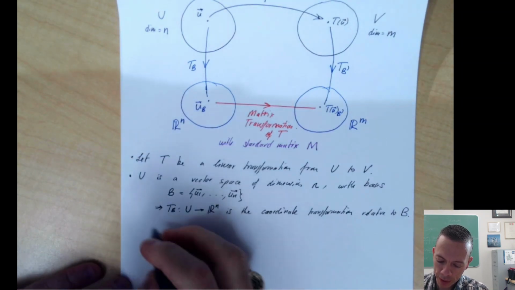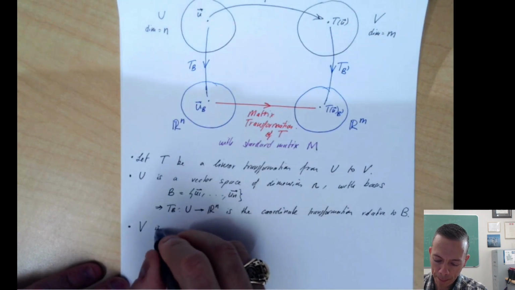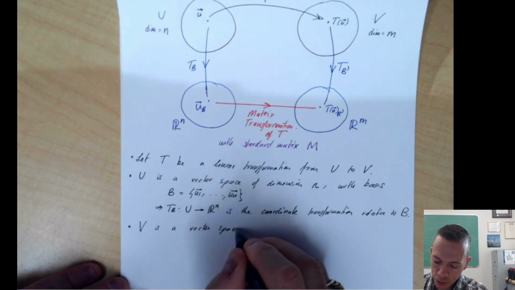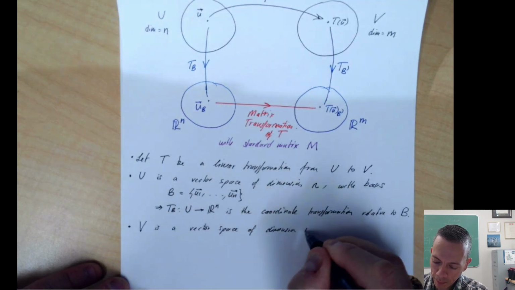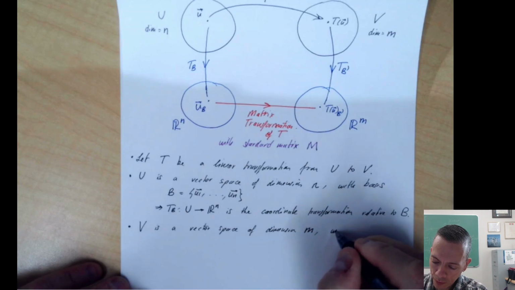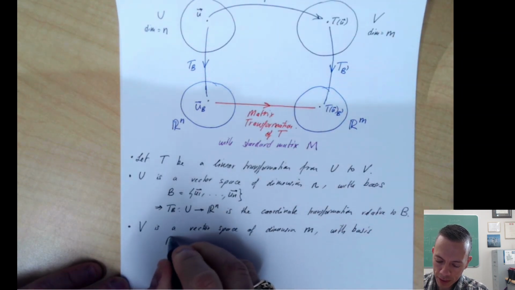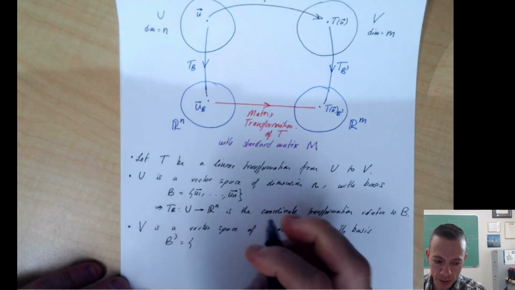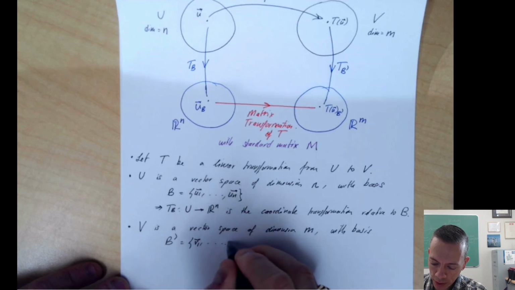And we're going to repeat the exact same thing for V. So it's a vector space of dimension m. So it has a basis B prime with m vectors, and we can call these v1 to vm.